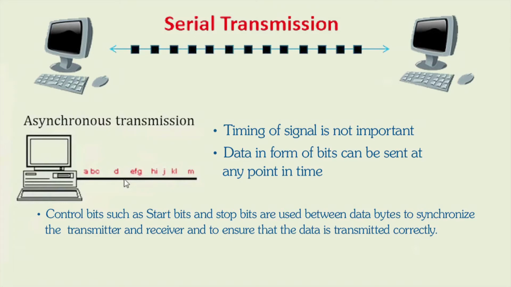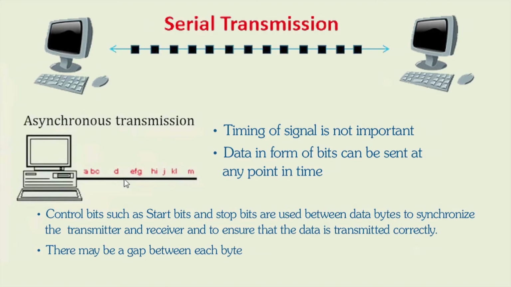So there is a start bit and there is a stop bit, so that the receiver gets synchronized that this is the first data, there is a second data, there is a third data. This way they are synchronized. There might be a gap between each byte. Byte means 8 bits.